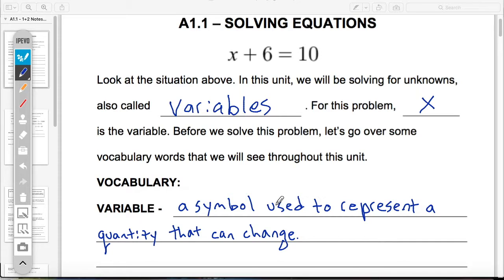Variables are most often written as a lowercase letter.